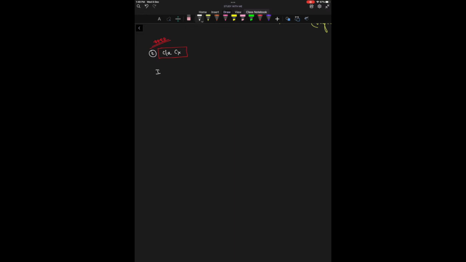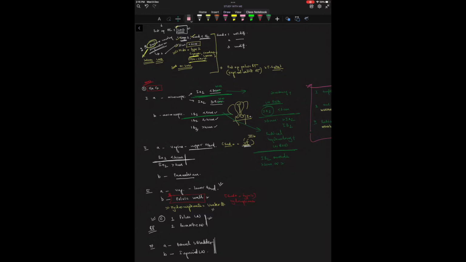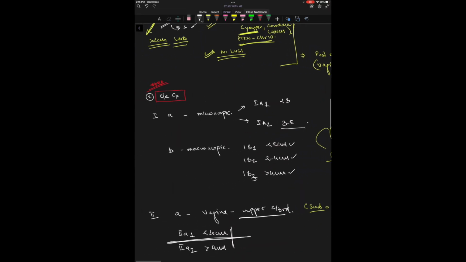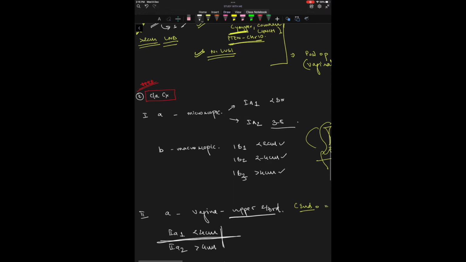Let's do the staging. In stage 1, okay, it is divided into stage A and stage B. Stage 1A is the microscopic involvement of the cervix, and B is the macroscopic involvement. Clear till here? Then we further divide stage 1A into 1A1 and 1A2, which is based upon the size criteria less than 3 centimeter and 3 to 5 centimeter.